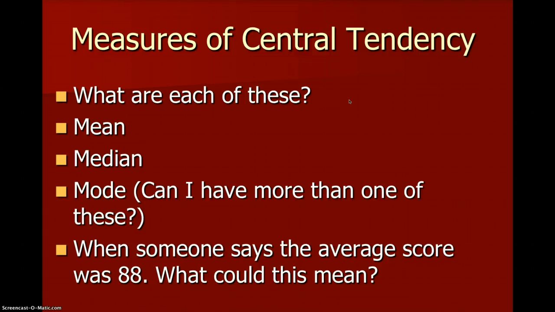And as we saw in the example, the job involvement scale, that sometimes really is the best way to provide the overall best description of a set of data. So if somebody tells you the average score for a set of data was 88, that could mean a lot of different things. It could mean one of these three things. So let's look at an example.